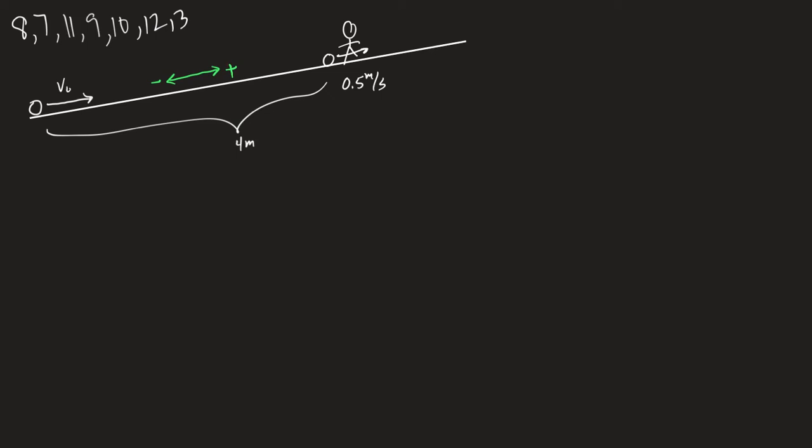Now, the truth is, we don't have enough information. Based on what I've written down, delta x is positive 4 meters. The initial velocity is unknown, but the final velocity is positive 0.5 meters per second. That's only 2 pieces of information. So without it, we can't solve the problem.